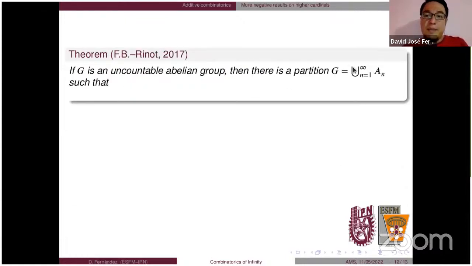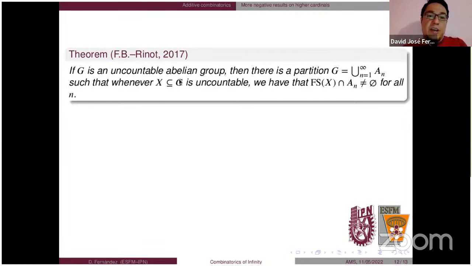So any uncountable abelian group has a countable partition such that every uncountable subset, when you look at the finite sums, has to contain elements from all possible pieces of the partition. So it's again an example of a rainbow coloring. You're coloring with countably many colors, and every finite sum set which is sufficiently large has to have all possible colors represented in it.